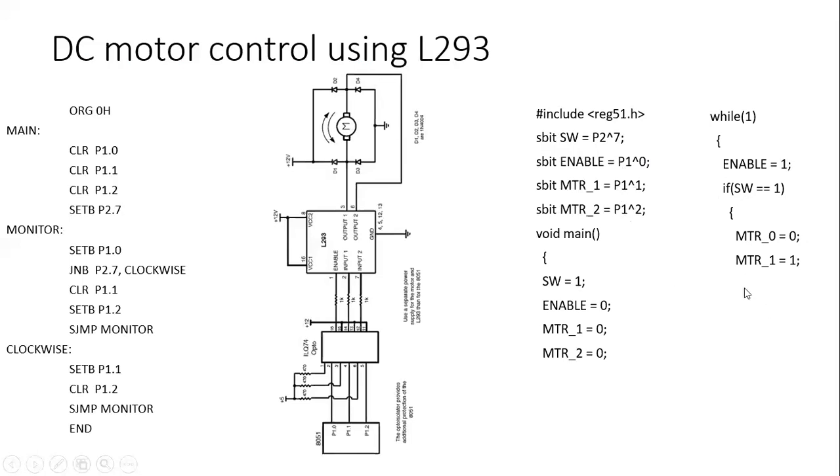Else, the switch is off, and it's going to be a clockwise rotation. In clockwise rotation, motor first terminal is equal to 1 and second terminal is equal to 0. Understand? So this is the closing bracket for the while loop and also for the main program.